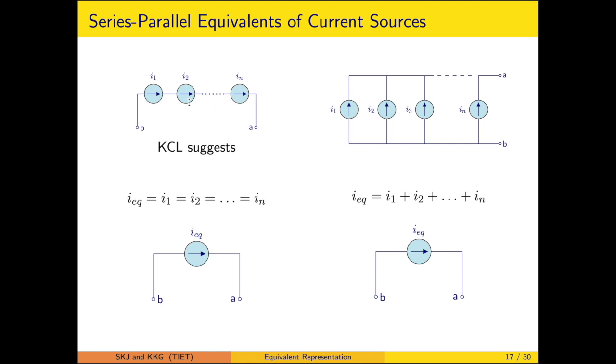When they are identical, this is represented by this equivalent arrangement. In case of parallel, there are no restrictions as such, and the equivalent current source can be obtained by adding all the individual current source values, because they are connected in parallel.